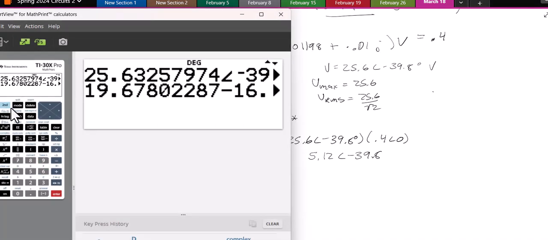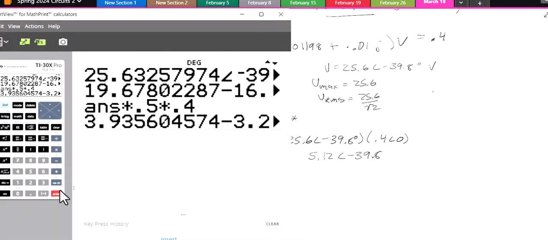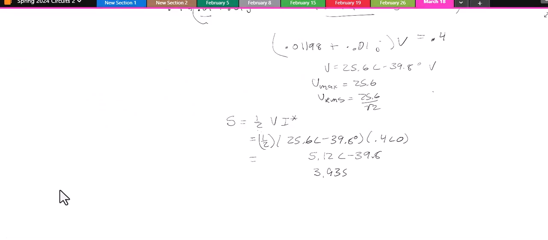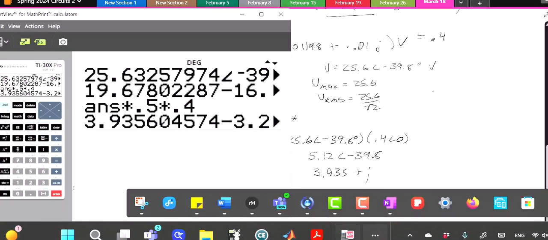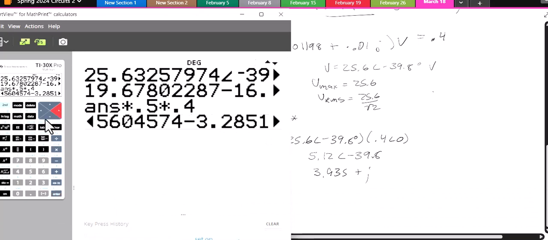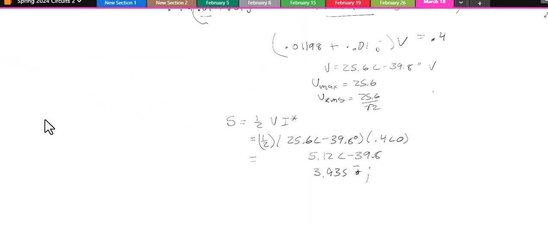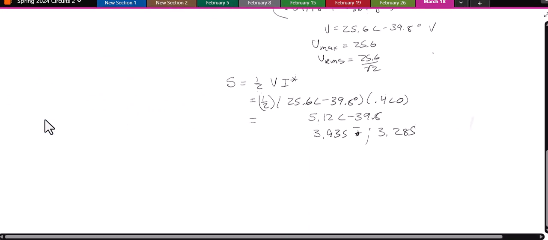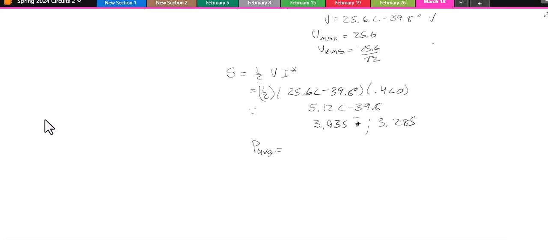Now I want to take that times 0.5 times 0.4, and in rectangular that gets me 3.935 plus J minus 3.285. So my real power is the real part of this. So my average power, which is my real power, is 3.935 watts.